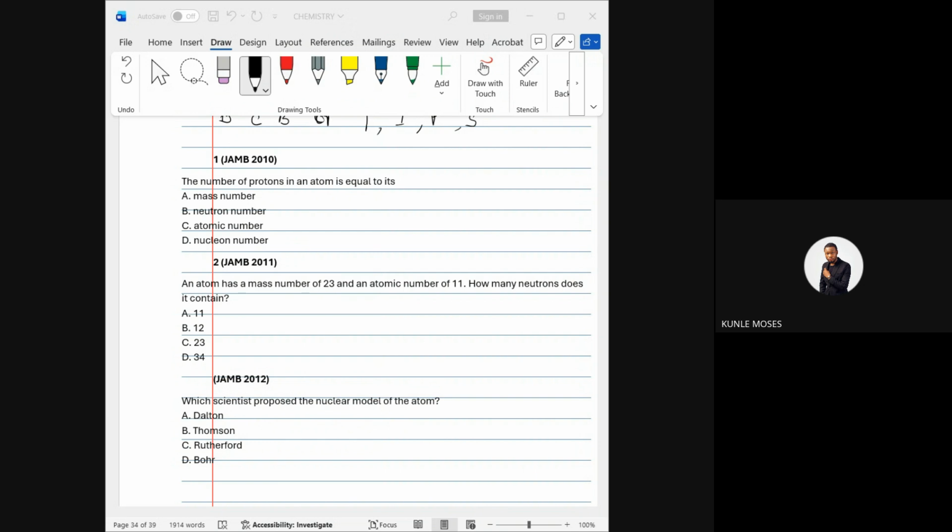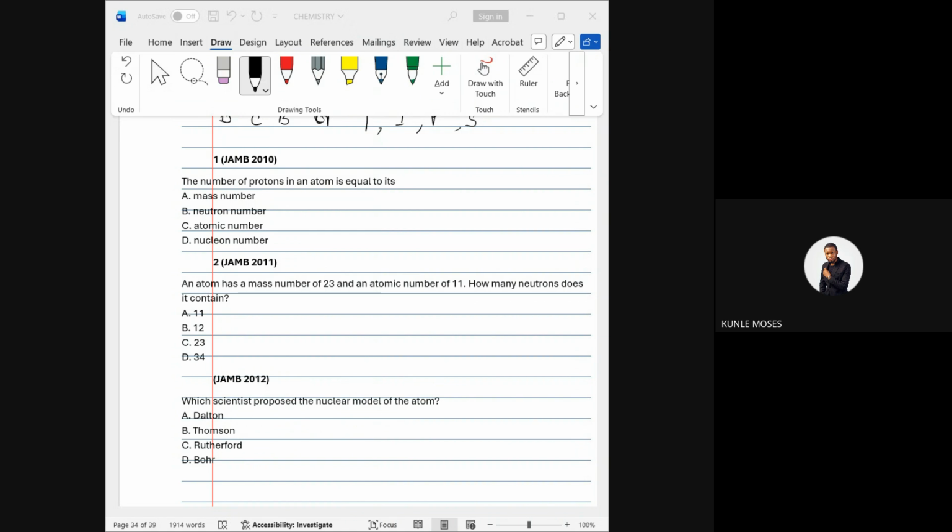Which scientist proposed the nuclear model of the atom? Who discovered the nucleus? You're not seeing the question? Check your screen very well.